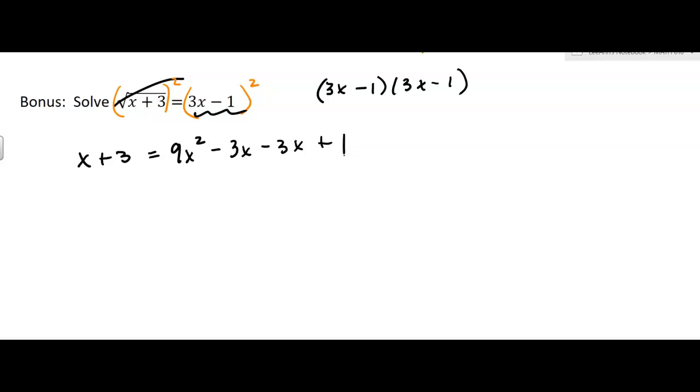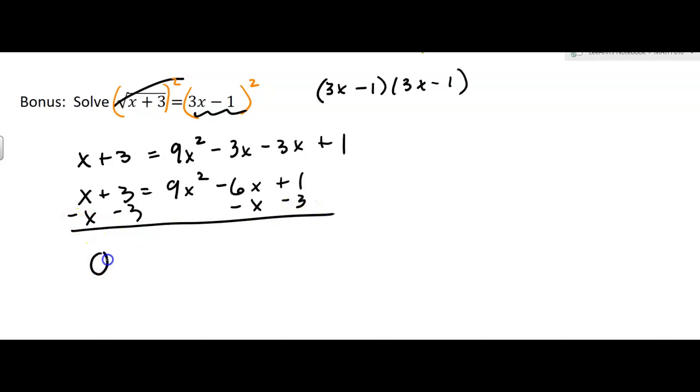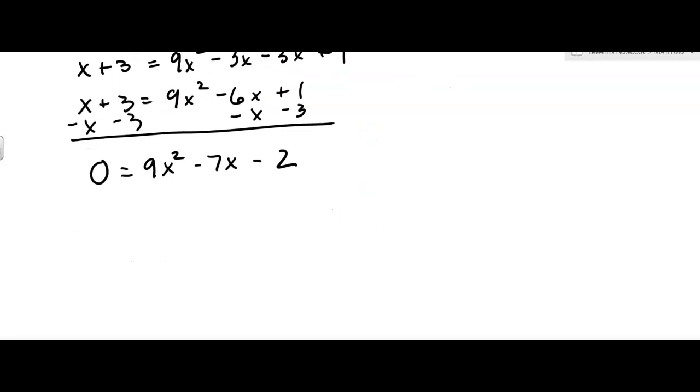Now, I'm going to simplify that. I have lots of room on my screen here. You're probably like, but we don't have lots of room on our paper. Okay, and I'm just going to subtract the 3. What am I doing? I'm trying to set it to 0 because this is quadratic. Do I think this is going to factor? I think it is.